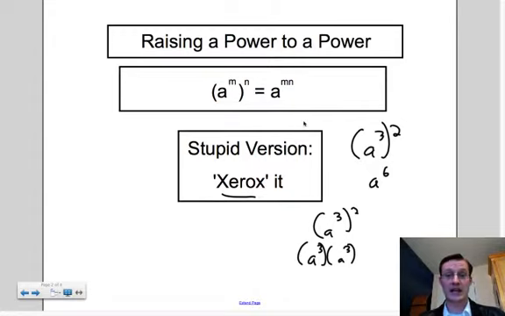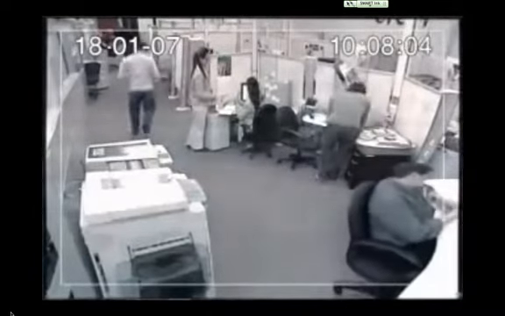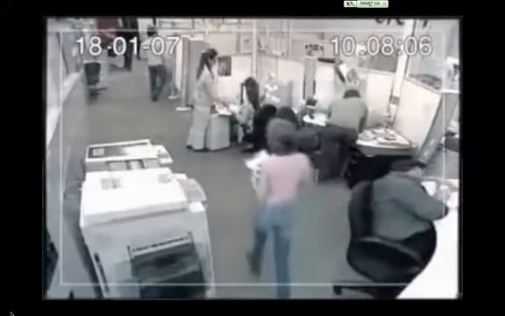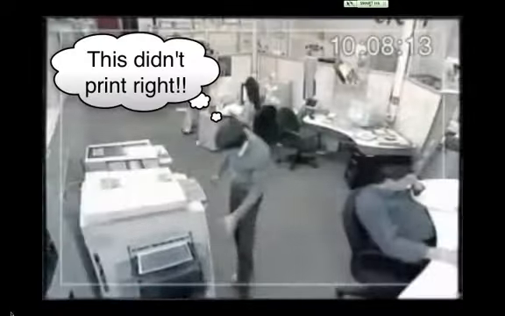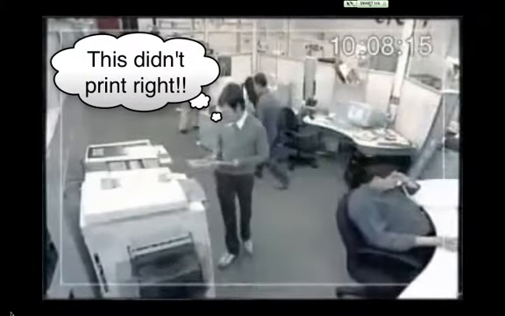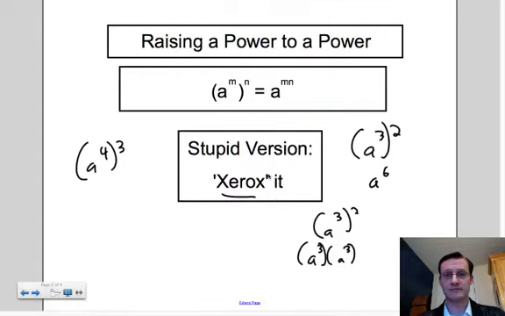Now, if we do have a problem like this, so we have a to the fourth raised to the third, we need to Xerox it. That's right, Xerox it.